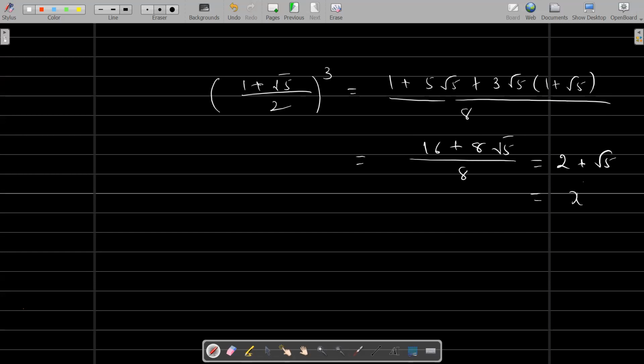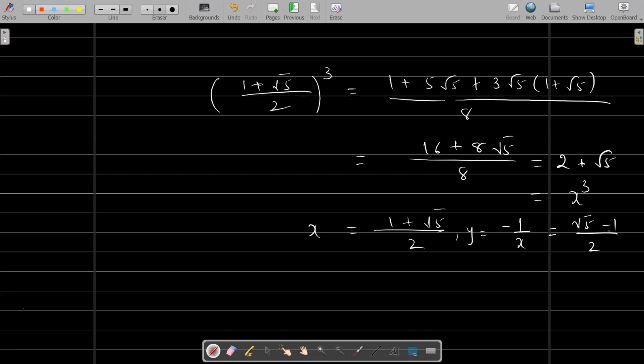Fine. So essentially our x is 1 plus root 5 by 2. And if x is 1 plus root 5 by 2, then 1 by x, or in fact minus 1 by x, that is y. That turns out to be root 5 minus 1 by 2.